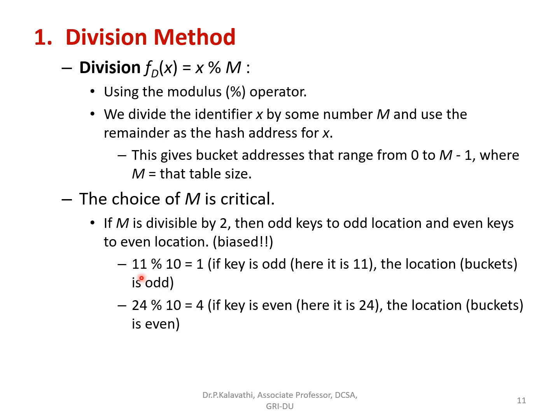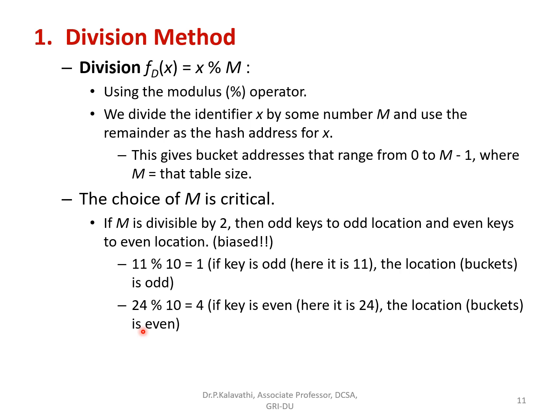Let us consider the key as 11 and m as 10, where 10 is divisible by 2. So, when you find 11 modulus 10, the remainder is 1, and 11 is an odd number and the computed index 1 is also an odd number. That is, 11 will be stored in the location 1.